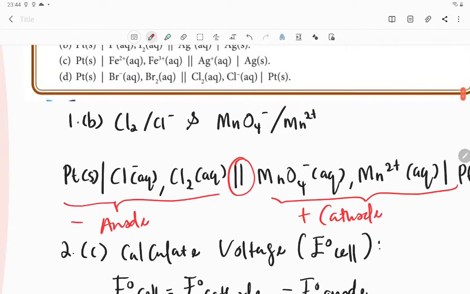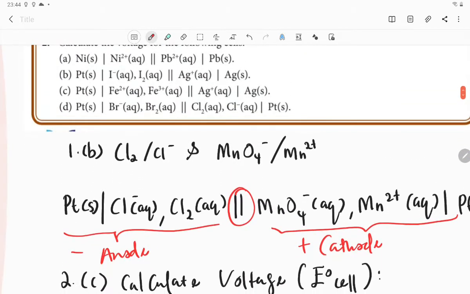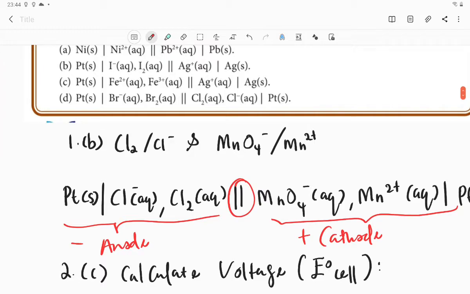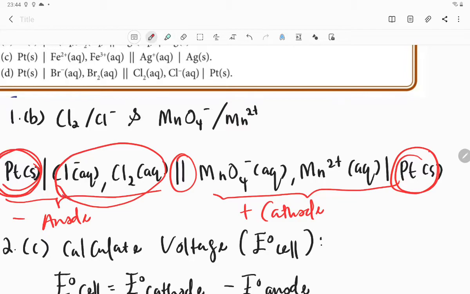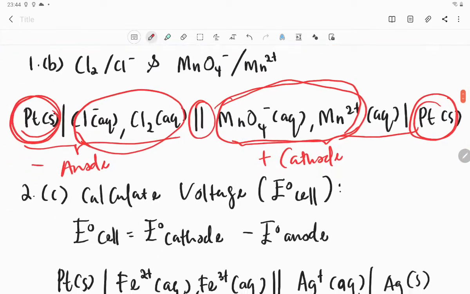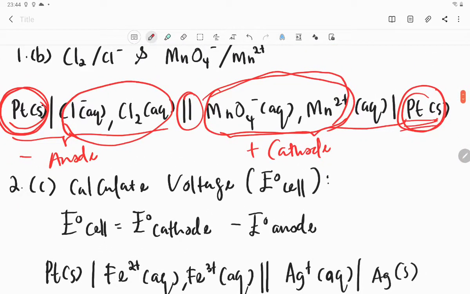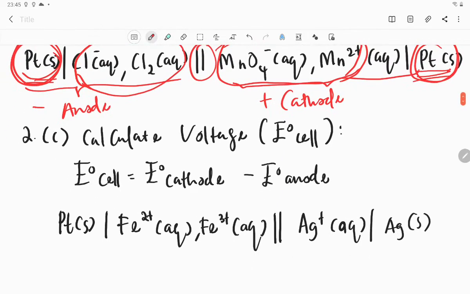So for a half cell that has no metal electrode, we just put platinum there, and then platinum on the cathode. So this one is where the things that undergo reduction and oxidation are, inside here. Okay, so just put Pt, platinum, as electrode.